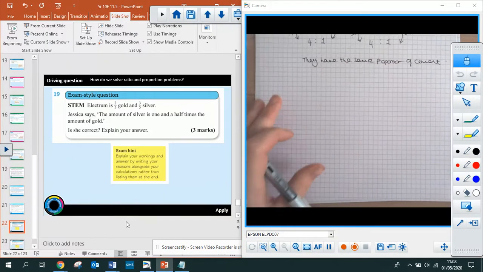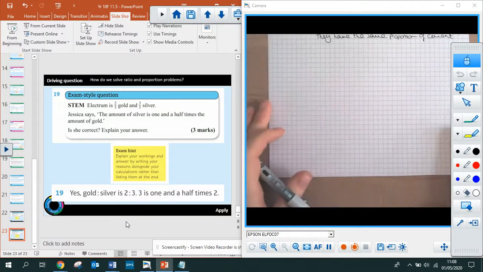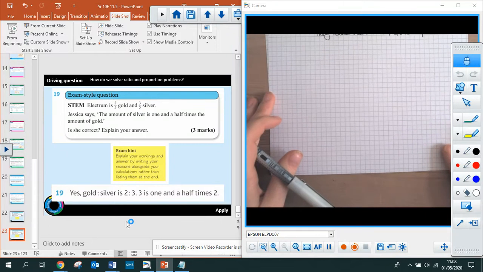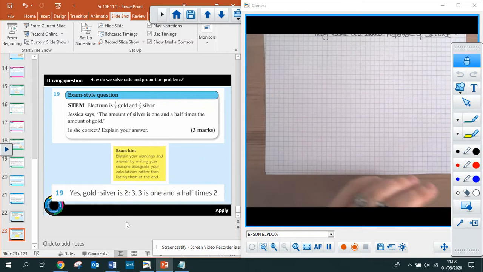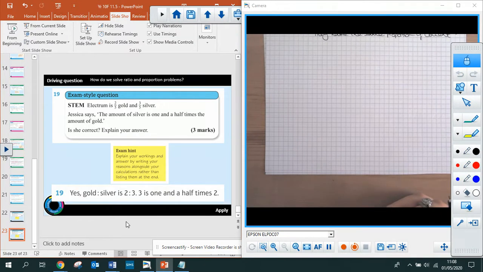So let's have a look. So electrum is 2/5 gold and 3/5 silver.